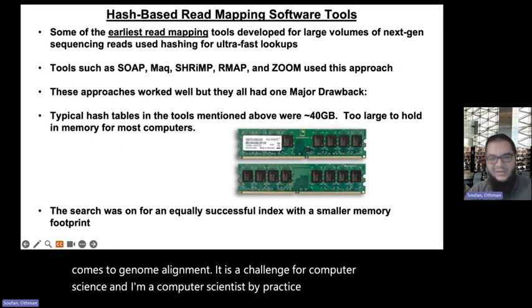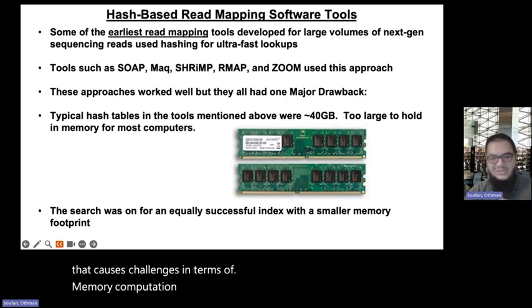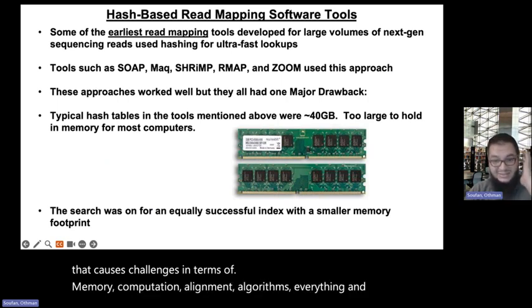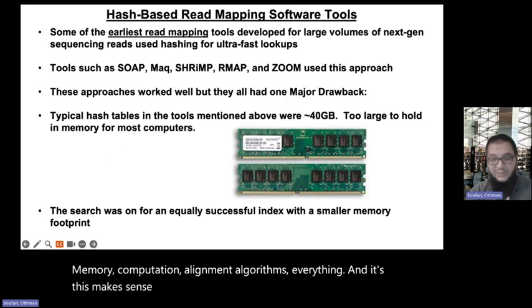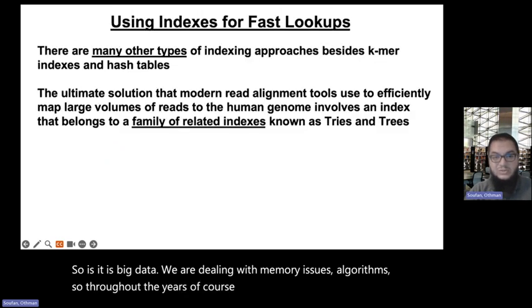It is that field that causes challenges in terms of memory, computation, alignment, algorithms, everything. And this makes it interesting for me personally. So it is big data. We are dealing with memory issues, algorithms. Throughout the years, of course, there has been good progress with those tools.